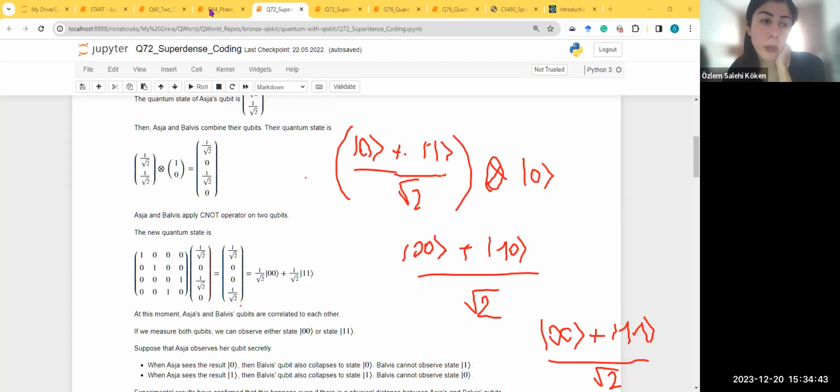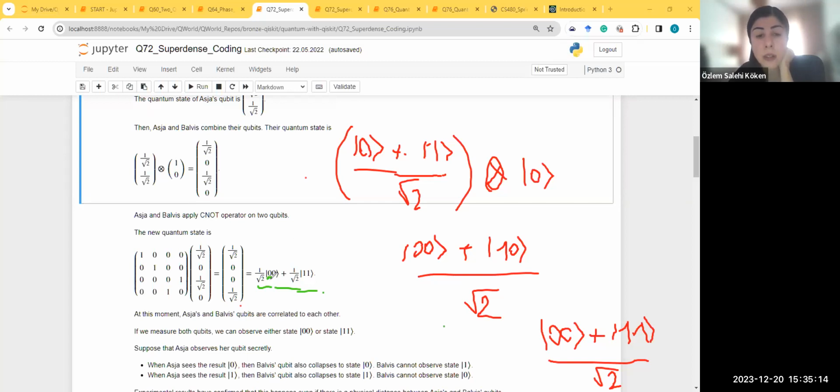Now, going back to my previous question, there are some answers. There are two answers and you say 0. And this is correct. So, since this is our quantum state, check this. If Asya observes a 0, then there is no possibility that Boris can observe a 1. Why?